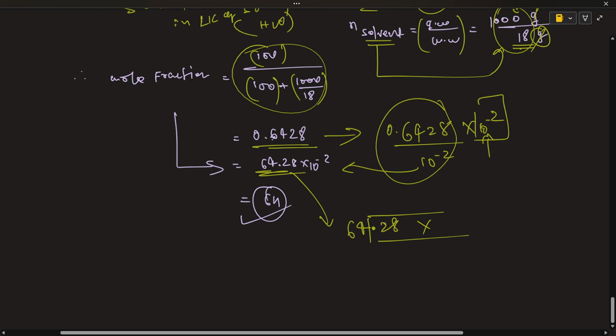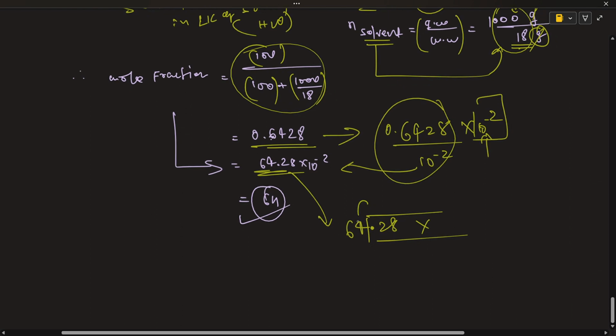If you want to remove this decimal part, the value may change. Here it is 2, so we will write just 64.